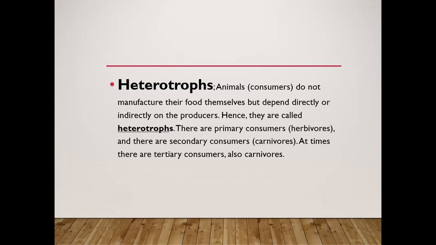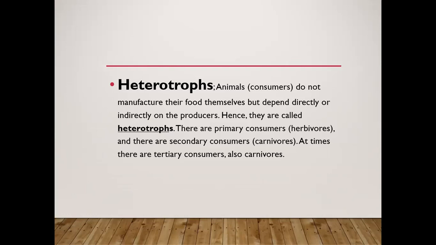I've said biotic organisms can still be grouped into autotrophs and heterotrophs. So I have spoken about autotrophs. I believe you understand. Okay. Heterotrophs now, they are animals. If I should ask you now, what makes the difference between autotrophs and heterotrophs?